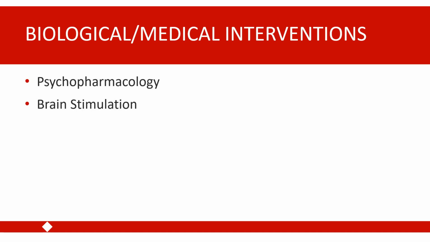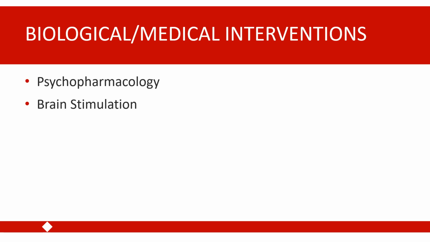We can also use various technologies and interventions that are designed to directly alter brain activity or to stimulate particular regions of the brain. So one way that we can stimulate brain activity is through what's called electroconvulsive therapy, or ECT. In ECT, we directly apply electric current to the brain, typically through the temples, in order to alter brain functioning.